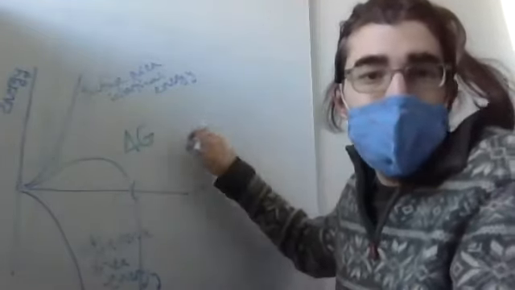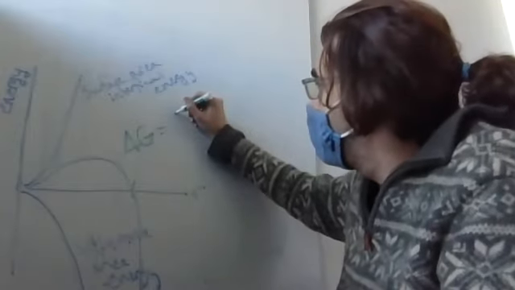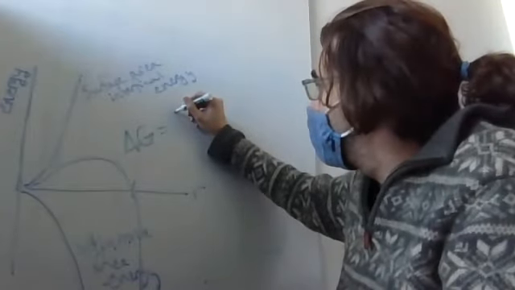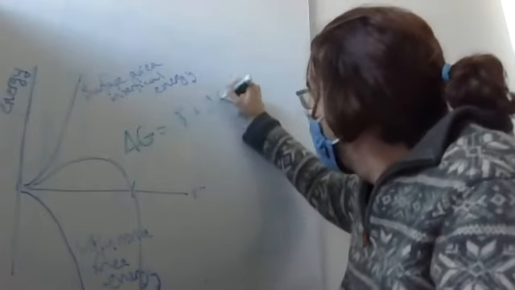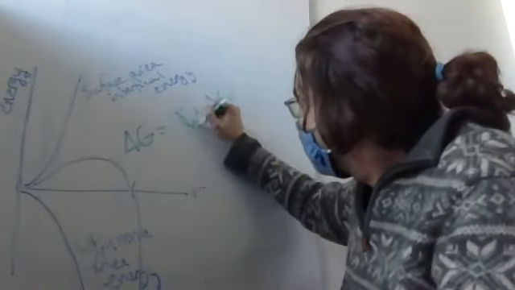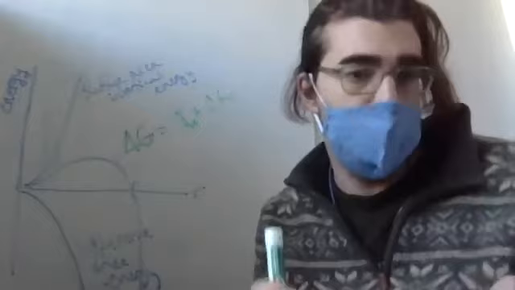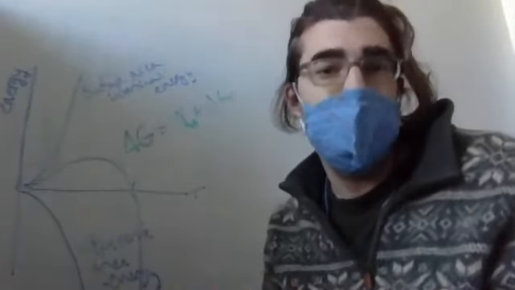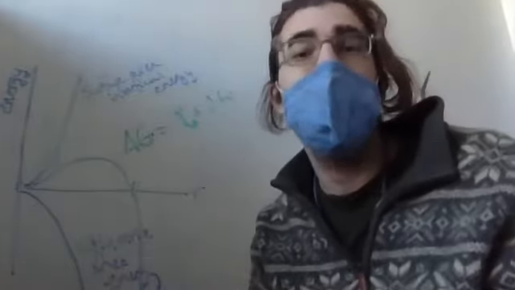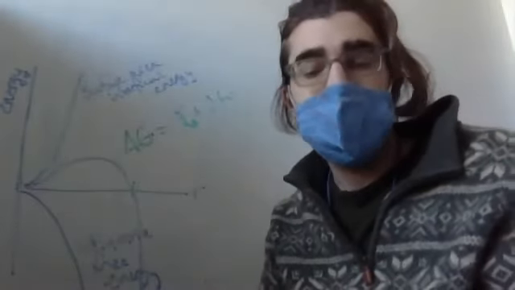This is delta G, which is the sum of the interfacial energy plus volume, right? For a new phase to form, the delta G, the Gibbs free energy of the system, has to be negative. For the phase transformation to exist, it has to be negative.